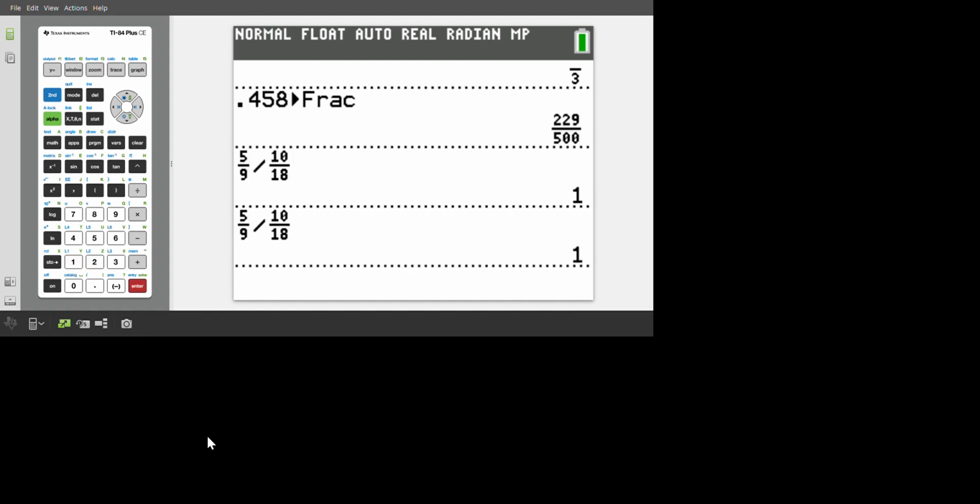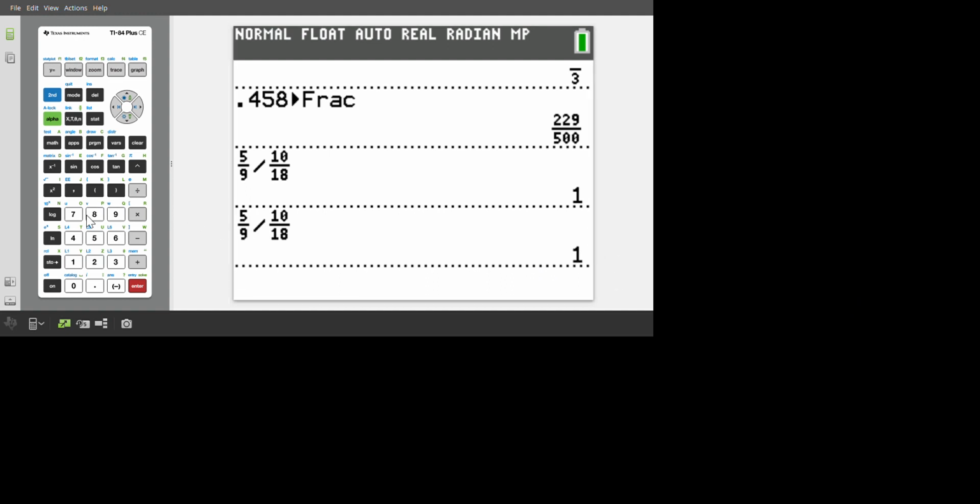What we can see here is that's actually the same thing as 1, right? So 5/9 divided by 10/18 is the same thing as 1. It can do that for us.